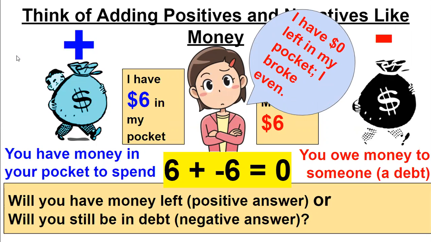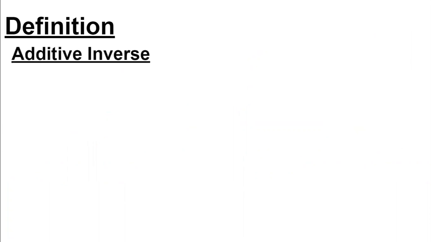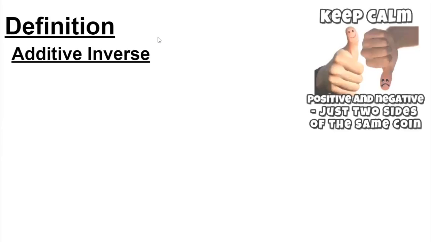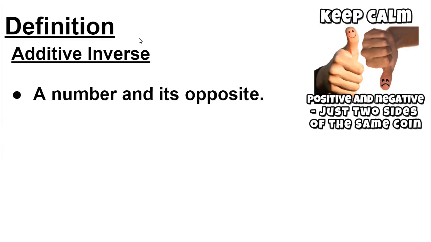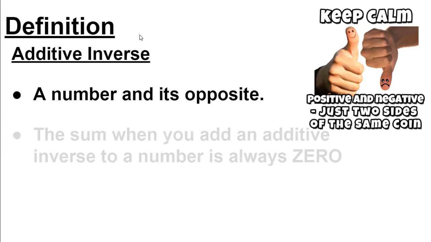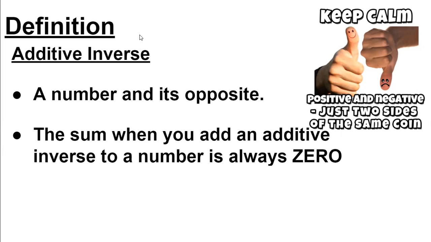Okay, moving on. We need a definition. What is an additive inverse? Positives and negatives are just two sides of the same coin. How does that work? A number and its opposite is an additive inverse. We had 6 and its opposite of -6. They are additive inverses. They cancel each other out. The sum when you add an additive inverse to a number is always 0.